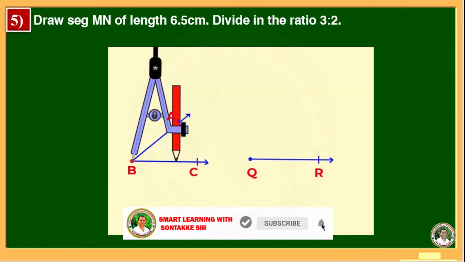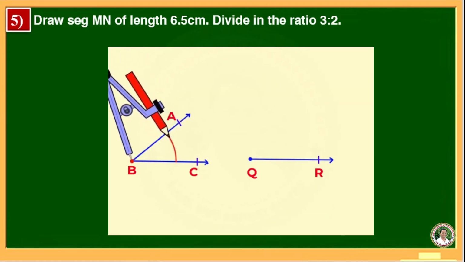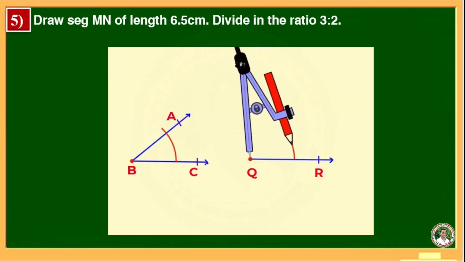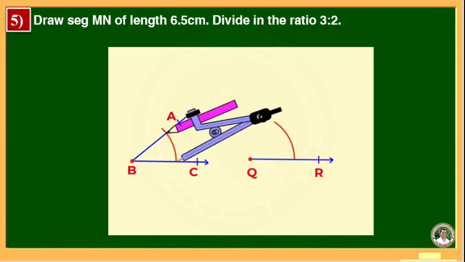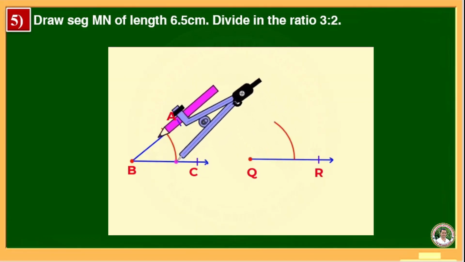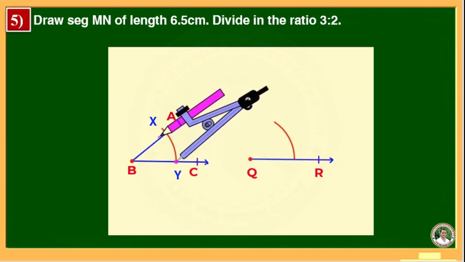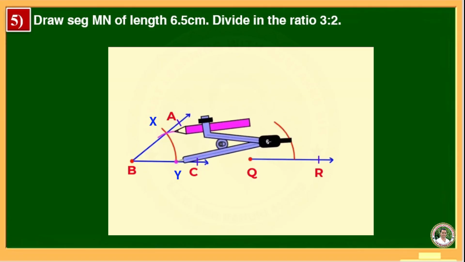Now take B as the center and draw an arc which intersects the sides AB and BC of angle ABC at X and Y. With the same distance, make another arc on the side QR of angle PQR. Then with Y as the center, take XY distance in the compass and make an arc on side AB.